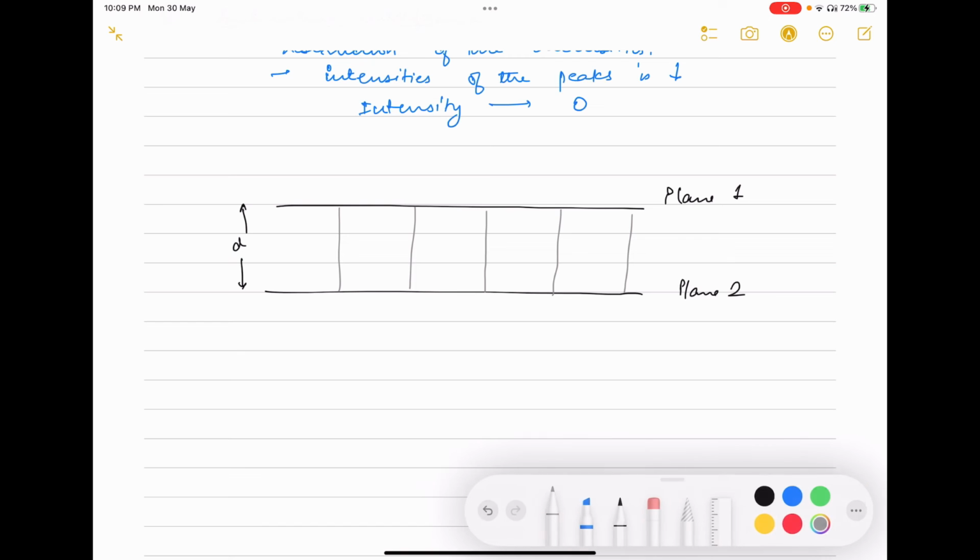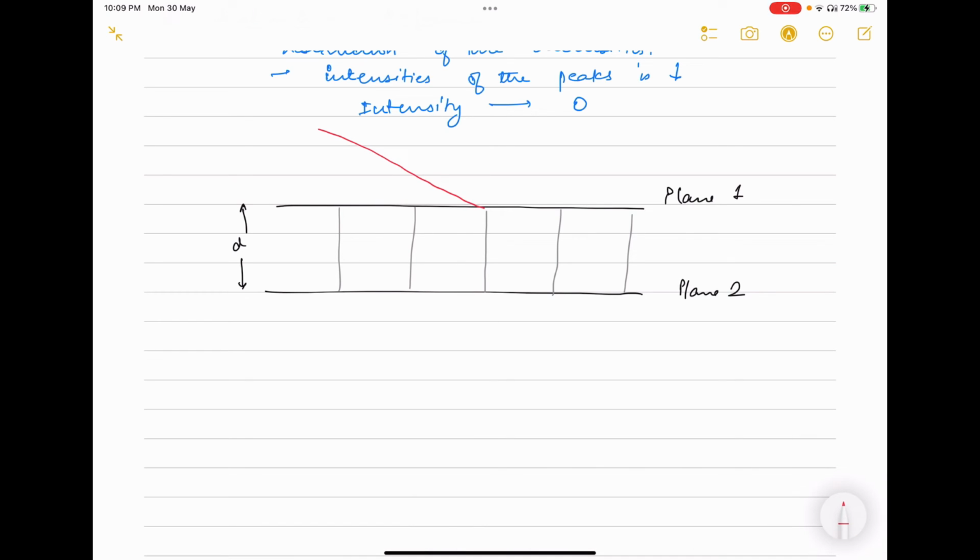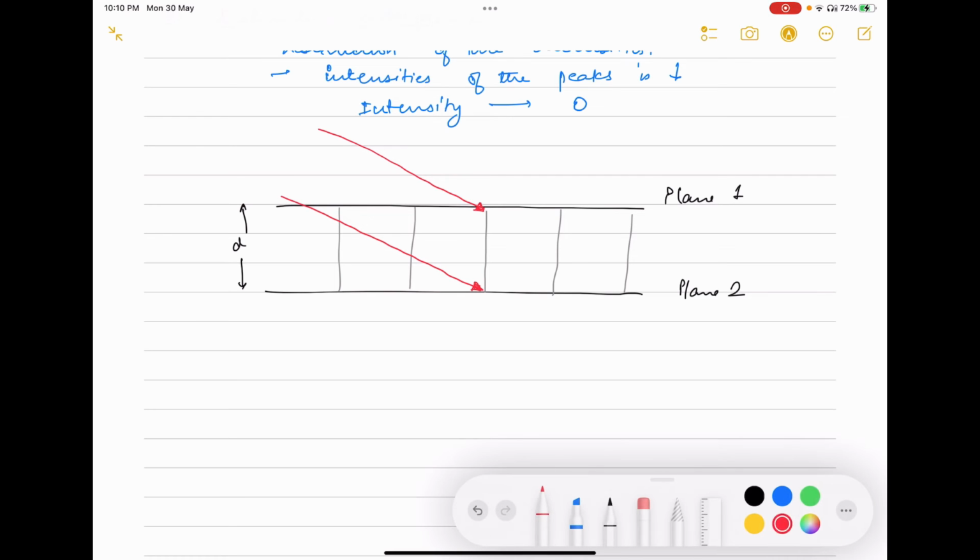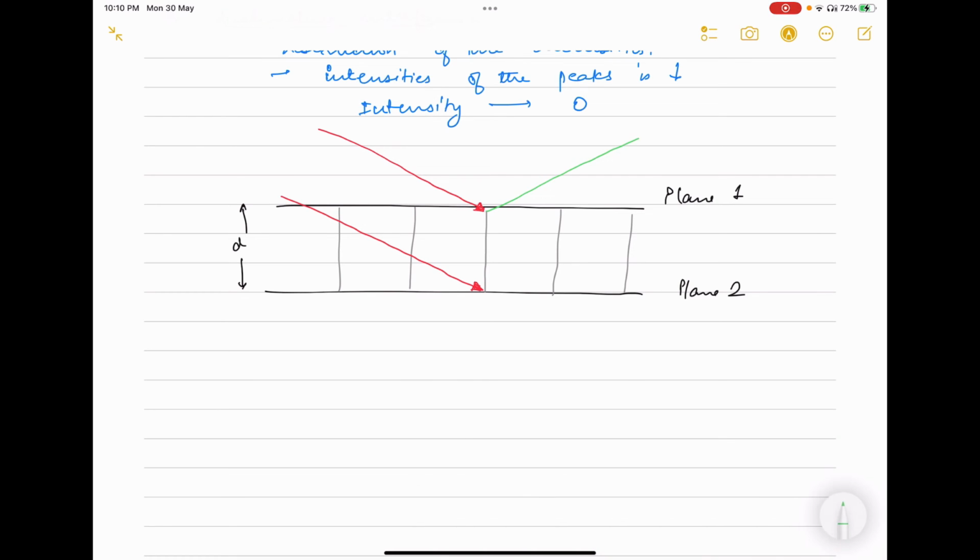Now suppose you have incident rays. This is the incident ray and you have reflected rays. These are the reflected ones.